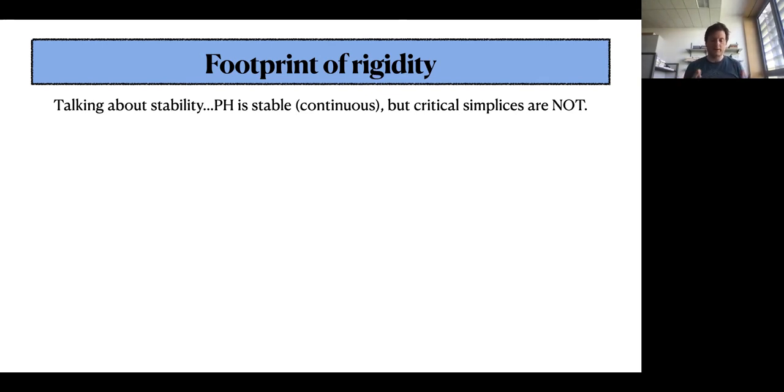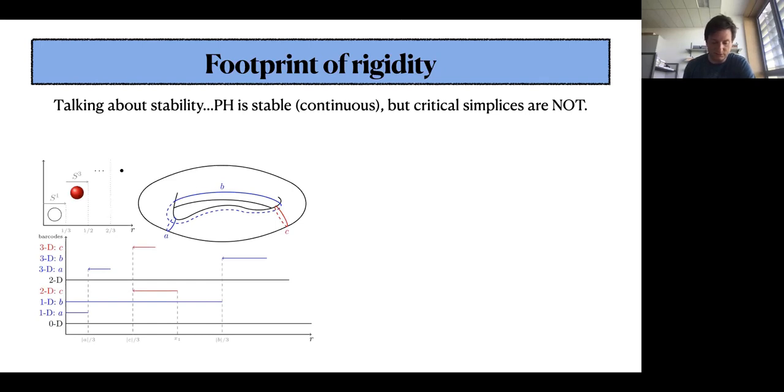So talking about stability, persistent homology is stable, as long as we're talking about bars and diagrams. But critical simplices are not, right? So that's, I mean, essentially they cannot be, because if you have a discrete setting, if you have a filtration of a finite simplicial complex, well, you know, there are no non-constant continuous functions there.